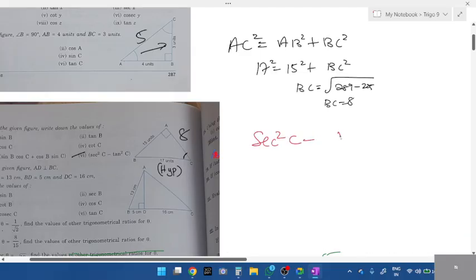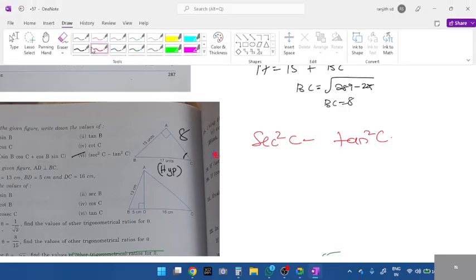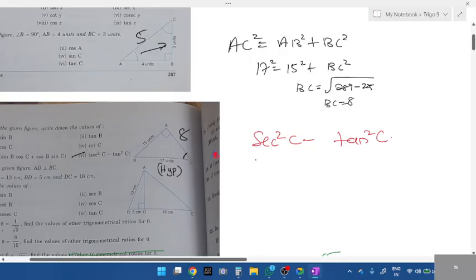Sec square C minus tan square. What is the degree? Is the degree 1 or 2? For sec, what is the value?